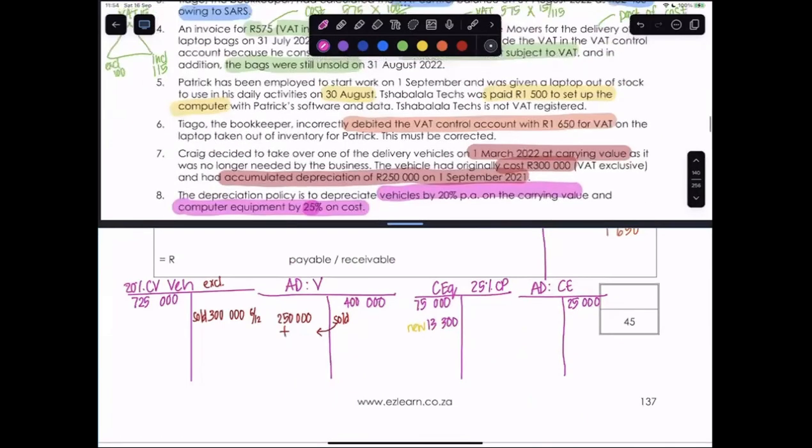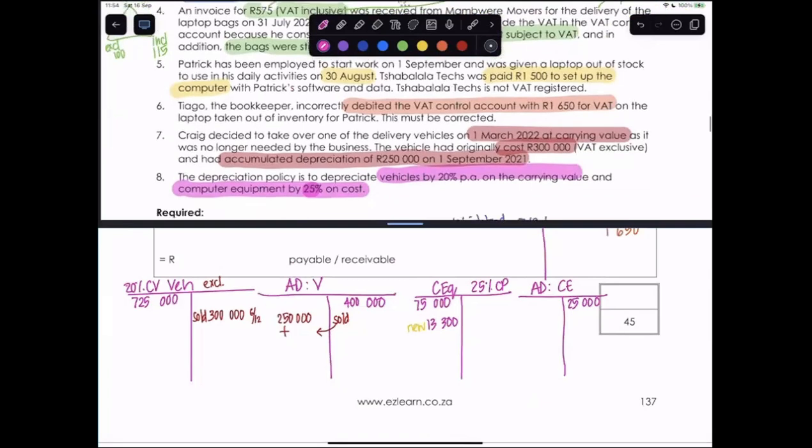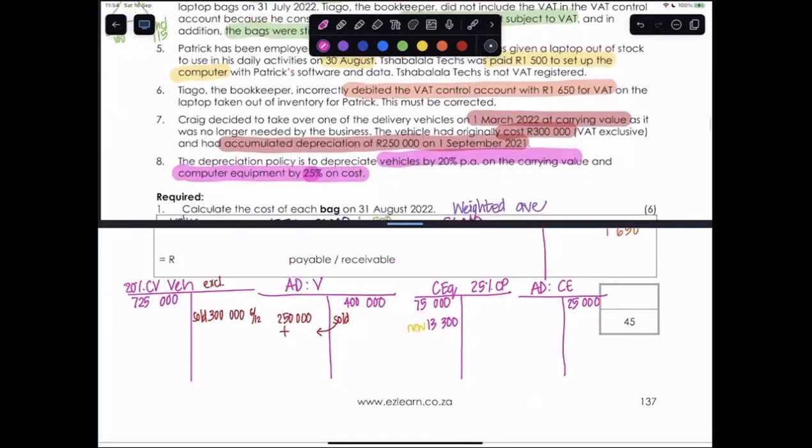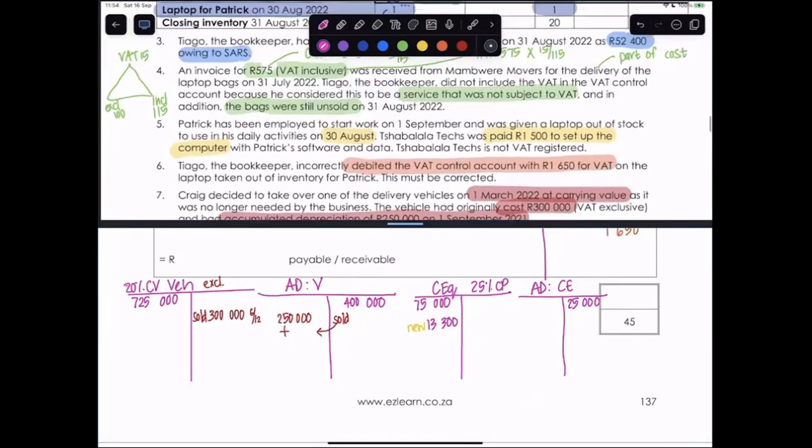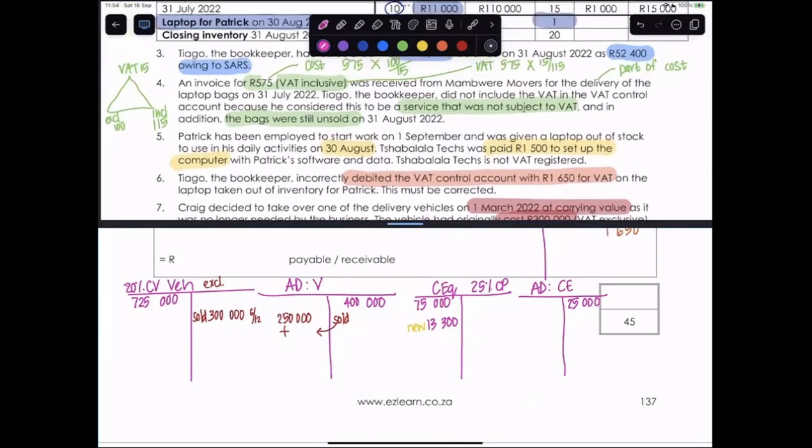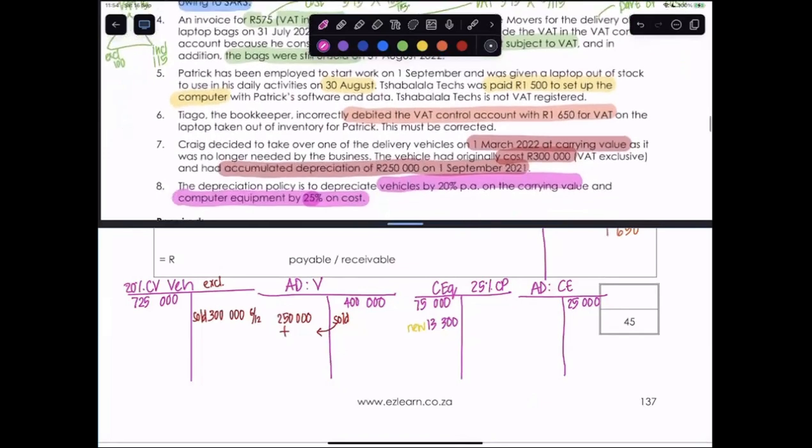We can quickly go and fetch it. Craig decided to take it on the 1st of March. And so that also from the 1st of, that was the disposal one. The computer equipment is when Patrick took the laptop, and his is only on the 30th of August, when he was starting work on the 1st of September. So that is already at the very end of the year. So that's actually for 0 months out of 12. So you don't have to depreciate that.